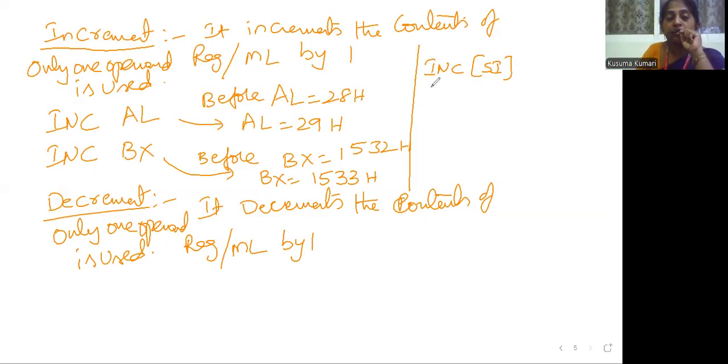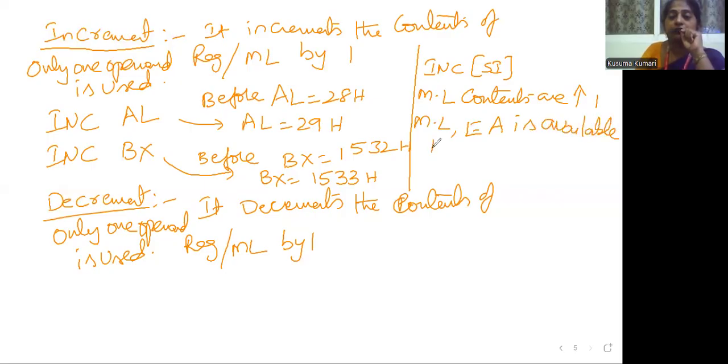The effective address of the memory location is available in the SI register, isn't it?